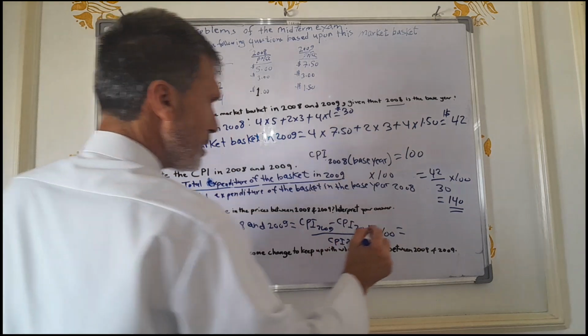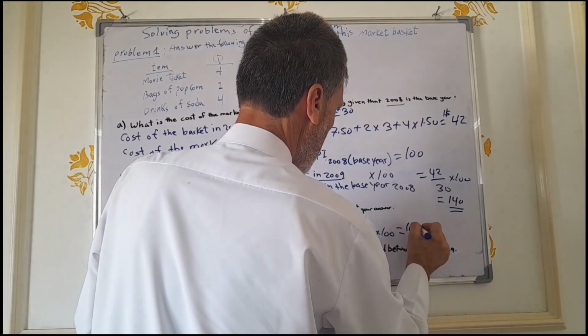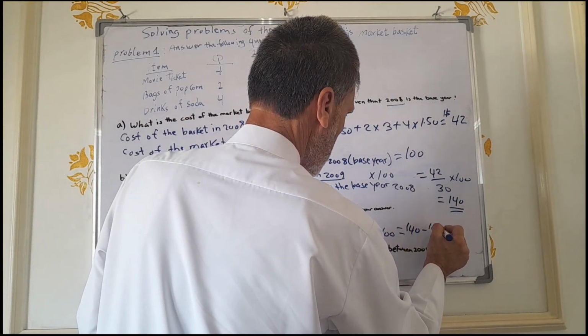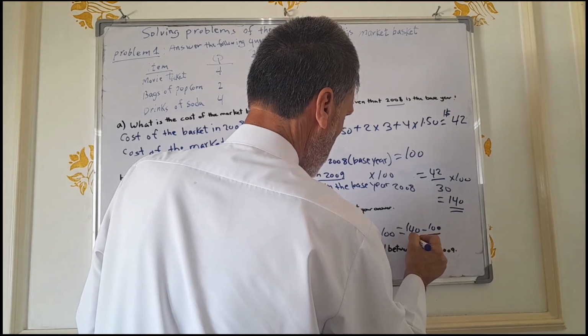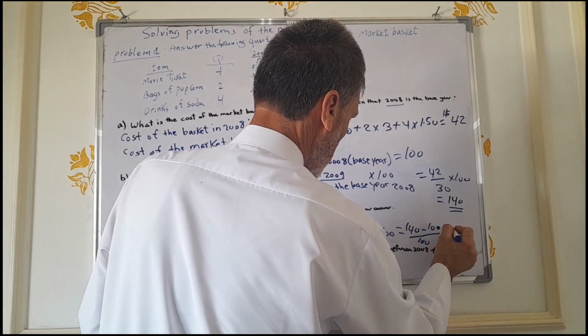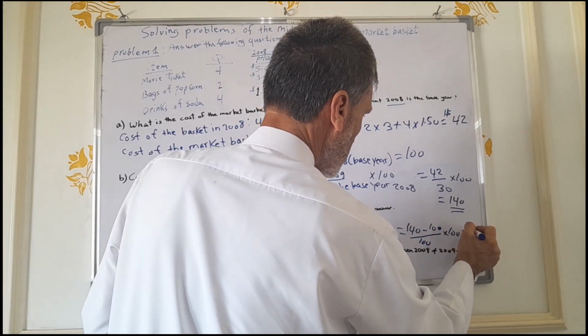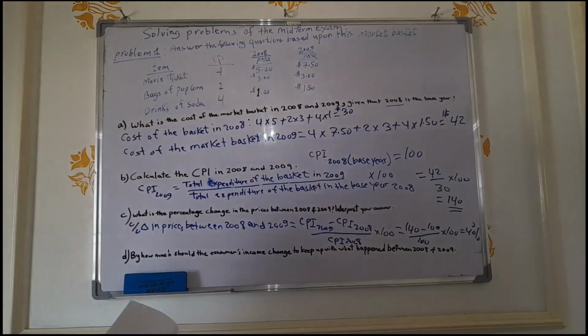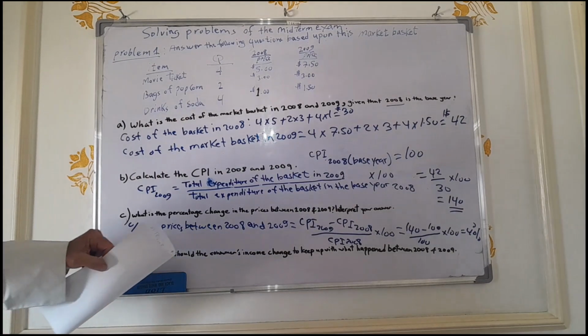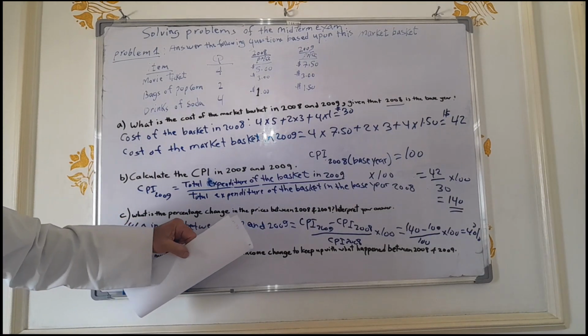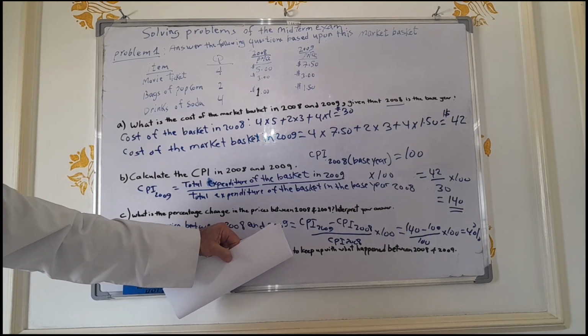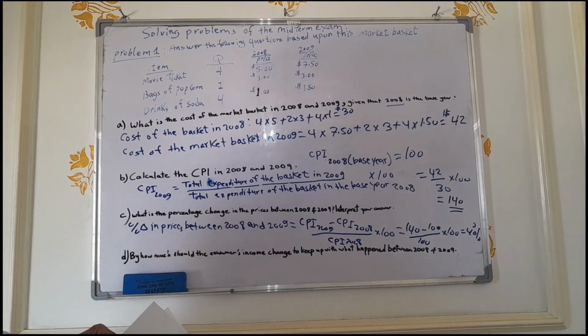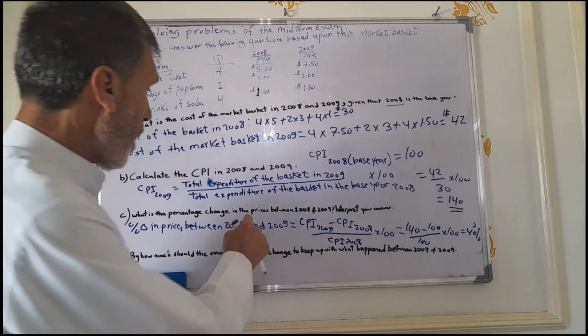We come up with 140 minus 100, over 100, times 100. We come up with 40%. What's 40%? Here, the percentage change in prices between 2008 and 2009 is the same as saying the inflation rate in 2009.